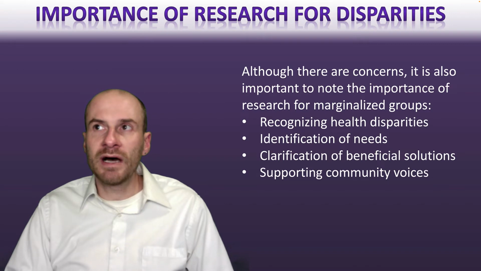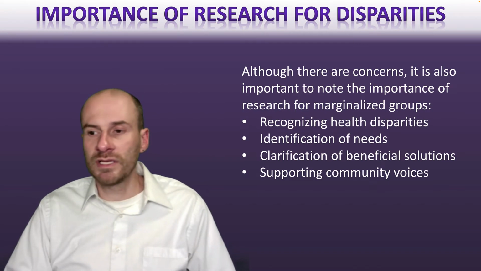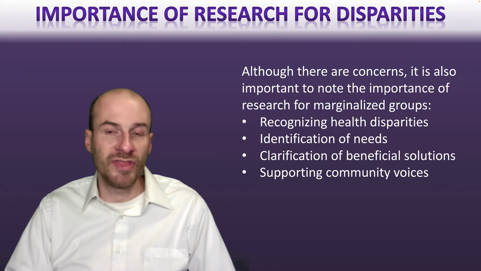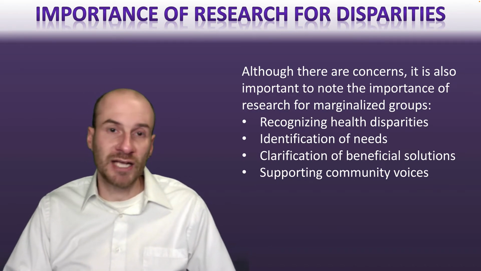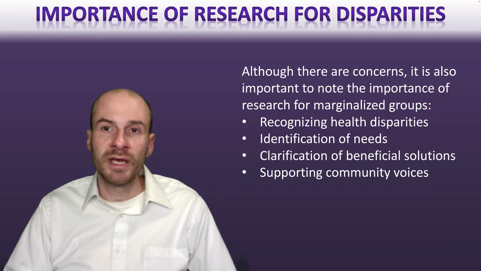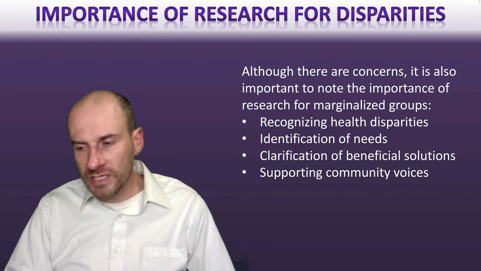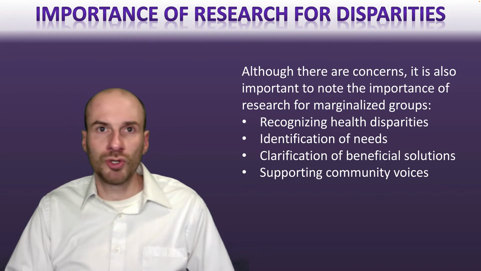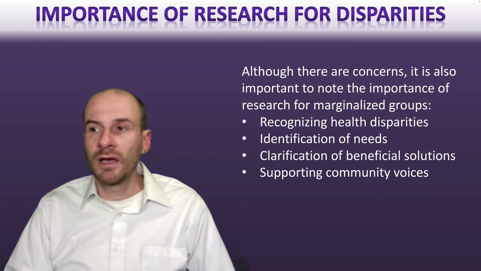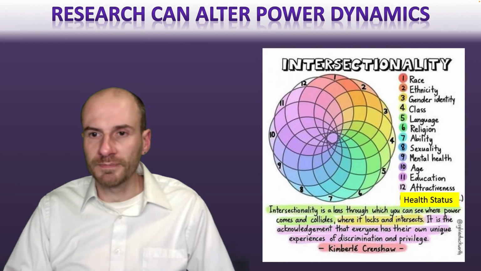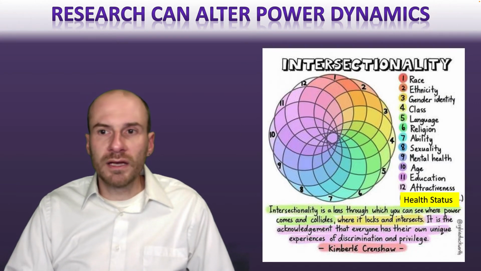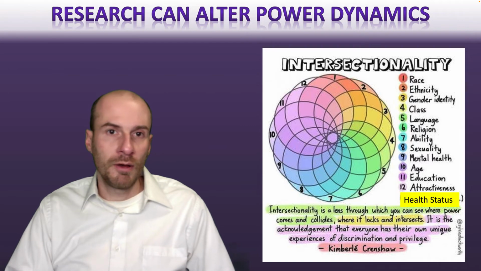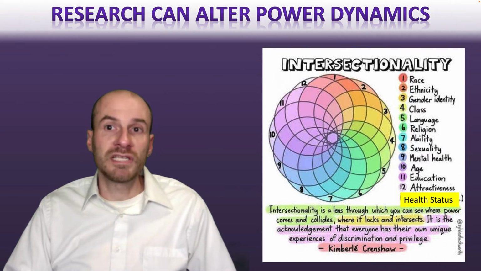So I'm not wanting to imply in any way that research itself is a bad thing. What I will be implying and showing is that there are many ways that research can actually make situations worse. And if we're going to approach research ethically, we want to responsibly think about those different potential harms and avoid them, right? That's how we begin to shift these practices, shift these inequities that we're seeing. So again, research has the ability to shift these power dynamics.